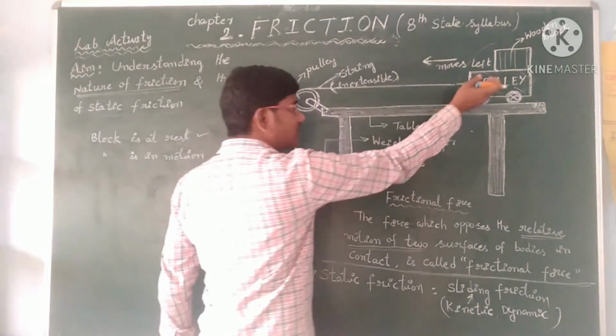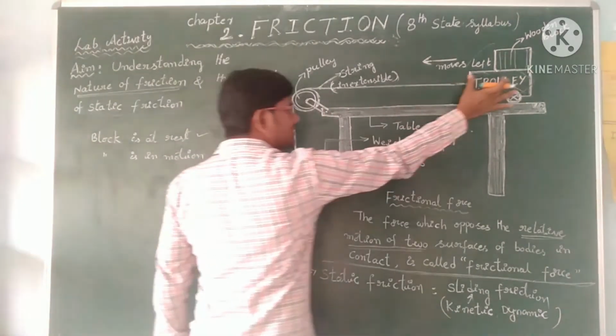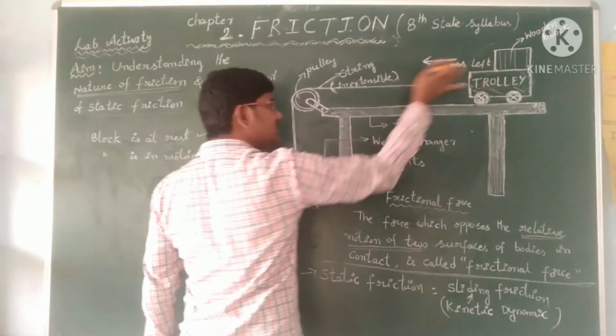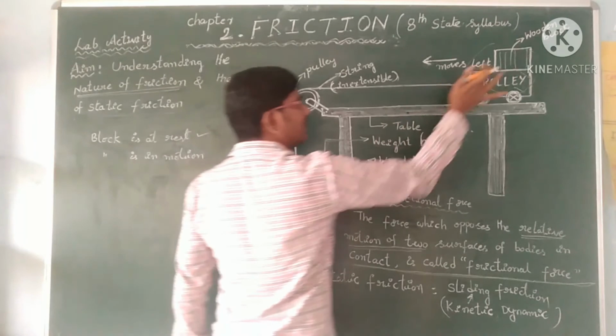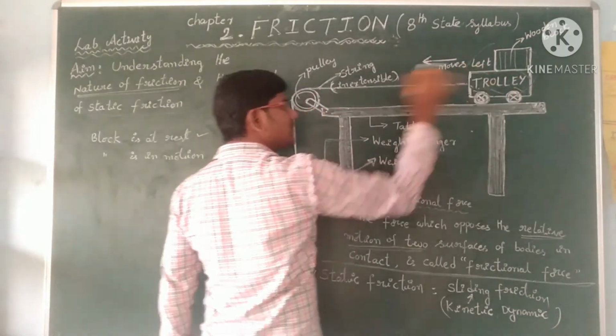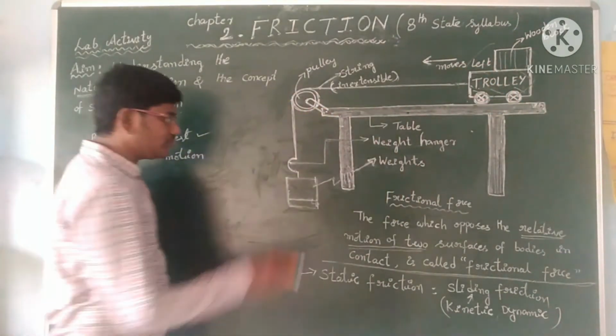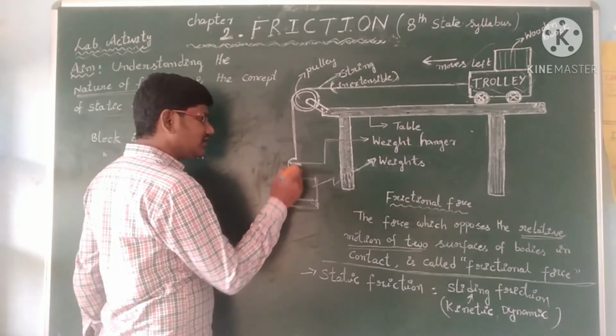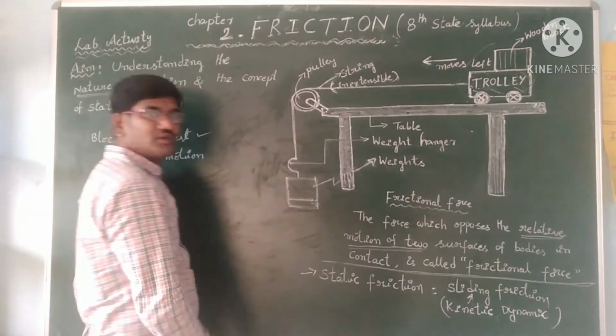With respect to the table, this entire system is moving. So the block is at rest with respect to the trolley when you put a small weight in the weight hanger.